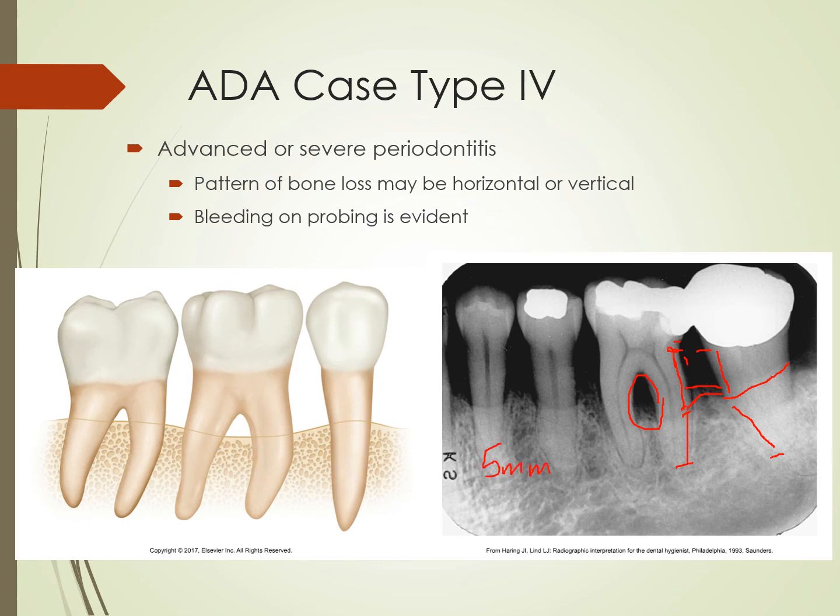If 1 to 3 is normal, then we're seeing 7 or 8 on our probing depths after we calculate our clinical attachment loss. So be aware of that when you are looking for your case type 4 patients, and you are hoping to see this on your radiographs, even though you don't want that for your patient, of course, but you kind of need someone who looks like this.